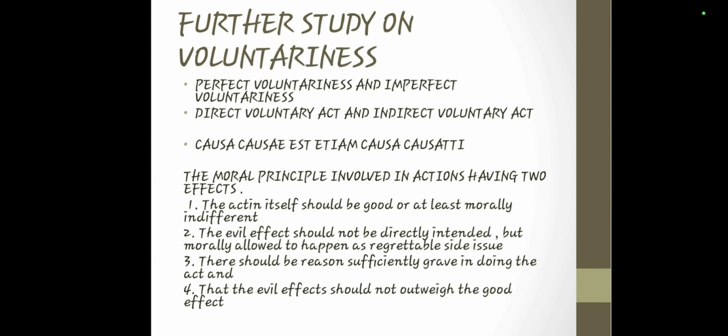But if you intended to do the action, you planned your action, that means you are showing direct voluntariness. But if your action is unintended, it is not intended to do that, your action is an involuntary act. Okay?